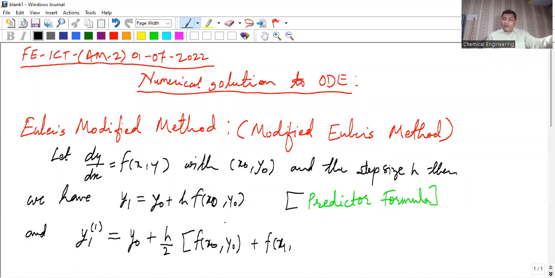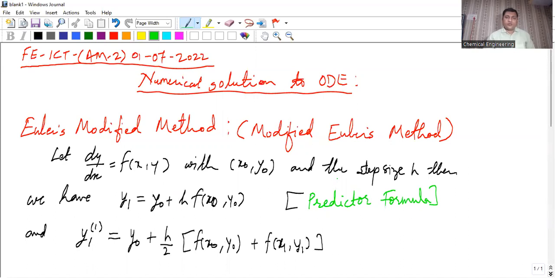We use x0 to find y1. But here we want a more accurate answer, so we use x1 to find y1. So we use the previous position and the current position that we have got.